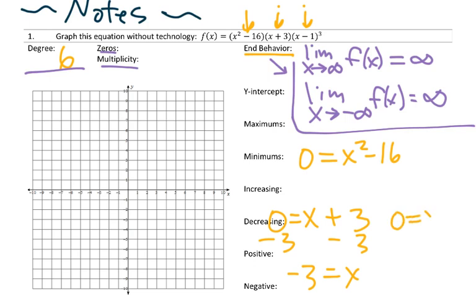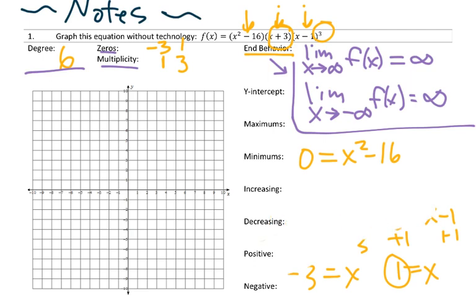And for the x minus 1, I know that that would be a positive 1. So I'm going to have a negative 3, 0. Now for my negative 3, there's only one of them, so it has a multiplicity of 1. My 1, however, has 3 of them, so that's a multiplicity of 3. And we'll talk about how that affects what our graph's going to look like.